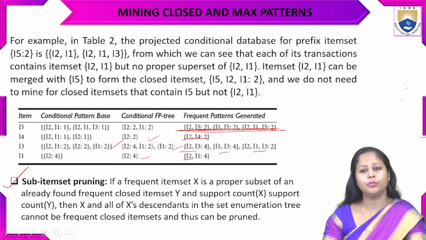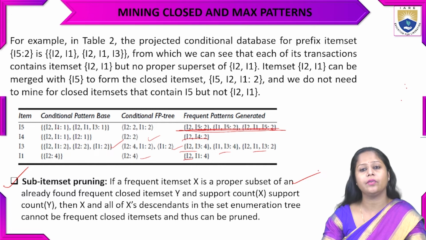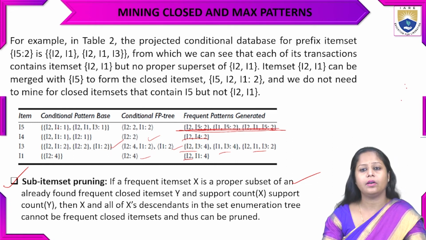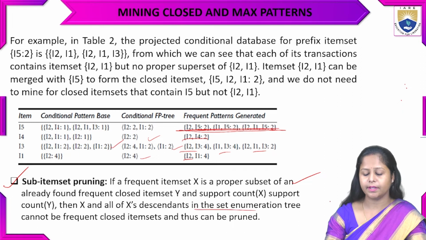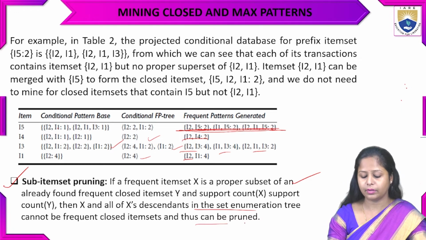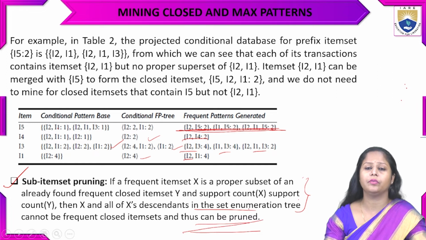If a frequent item set X is a proper subset of an item set Y already found in the frequent closed item sets, and support count of X equals support count of Y, then X and all of X's descendants in the set enumeration tree cannot be frequent closed item sets and thus can be pruned. While this condition is checked, if it is true, then it is pruned.